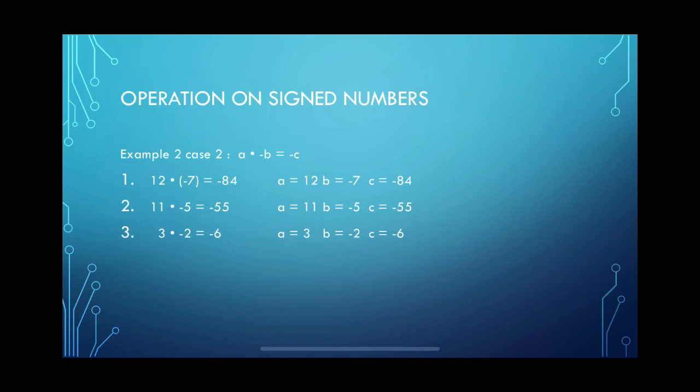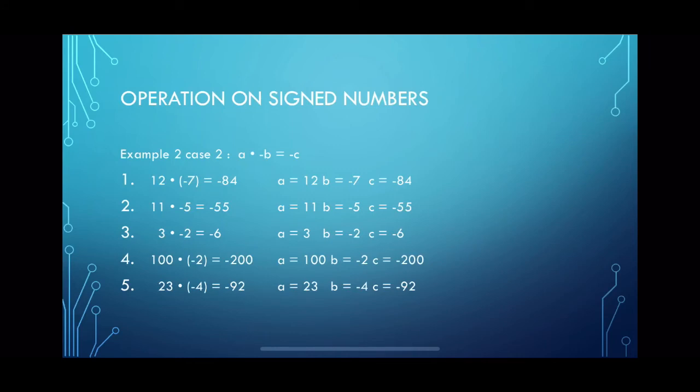For number 3, 3 multiplied by negative 2 is equal to negative 6, where A is equal to 3, B is equal to negative 2, and C is equal to negative 6. For number 4, we have 100 multiplied by negative 2 is equal to negative 200, where A is equal to 100, B is equal to negative 2, and C is equal to negative 200.